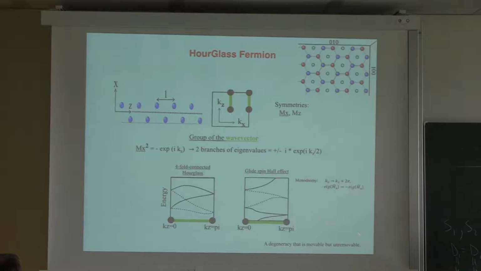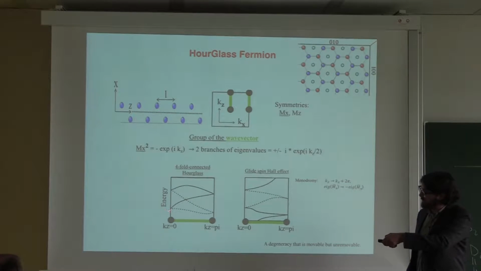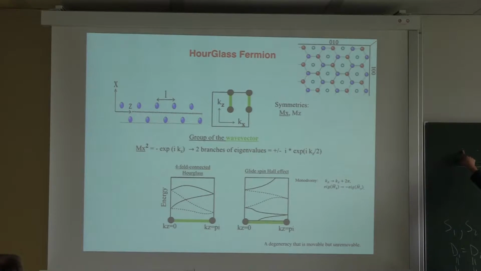If they're imaginary, it means that time reversal flips them, because time reversal is just complex conjugation plus a spin factor, but it doesn't matter. Time reversal acts by taking i to minus i. So it means that the Kramers degeneracies at kz equals 0 come between dotted and solid. But at kz equals pi, you can now see that the exponential of i pi over 2 is imaginary. So these eigenvalues are either 1 or minus 1, plus or minus, right?